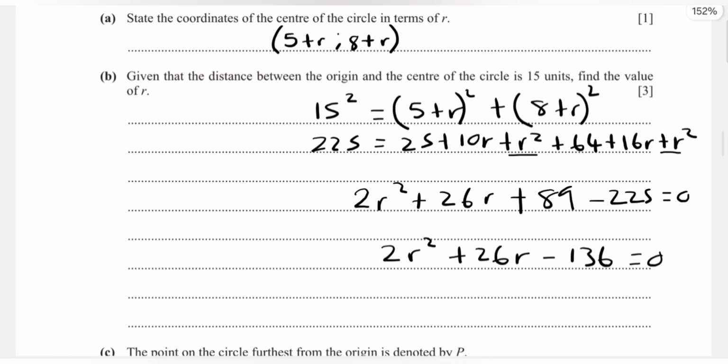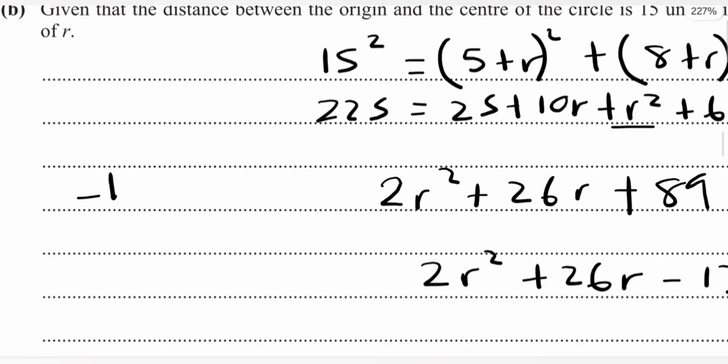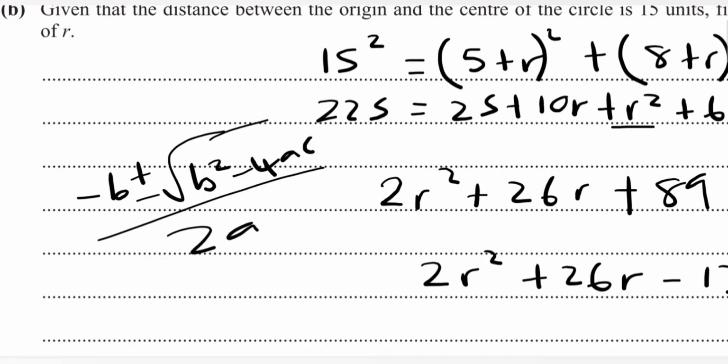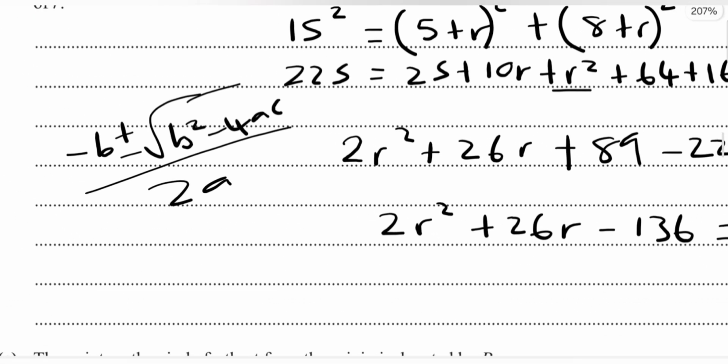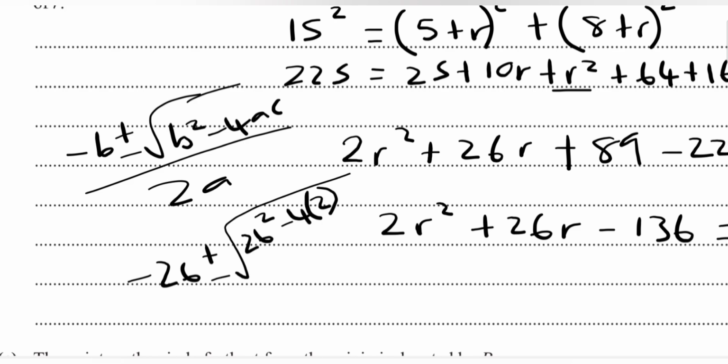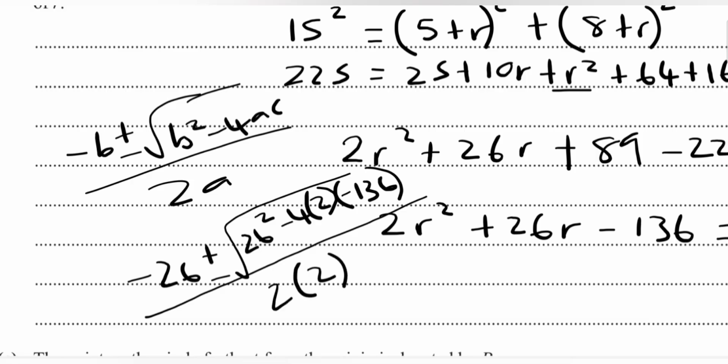And to get r, we're going to use the quadratic formula, right? Minus b plus or minus root of b squared minus 4ac over 2a. We know our b is 26, so that's minus 26 plus or minus root of 26 squared minus 4. Our a is 2 and our c is minus 136, and all this is over 2a, which is 2 by 2.